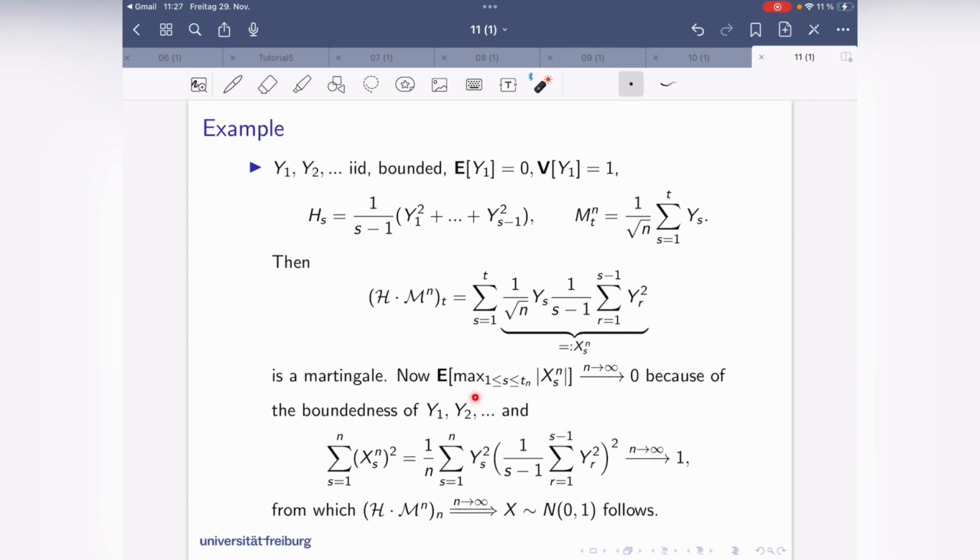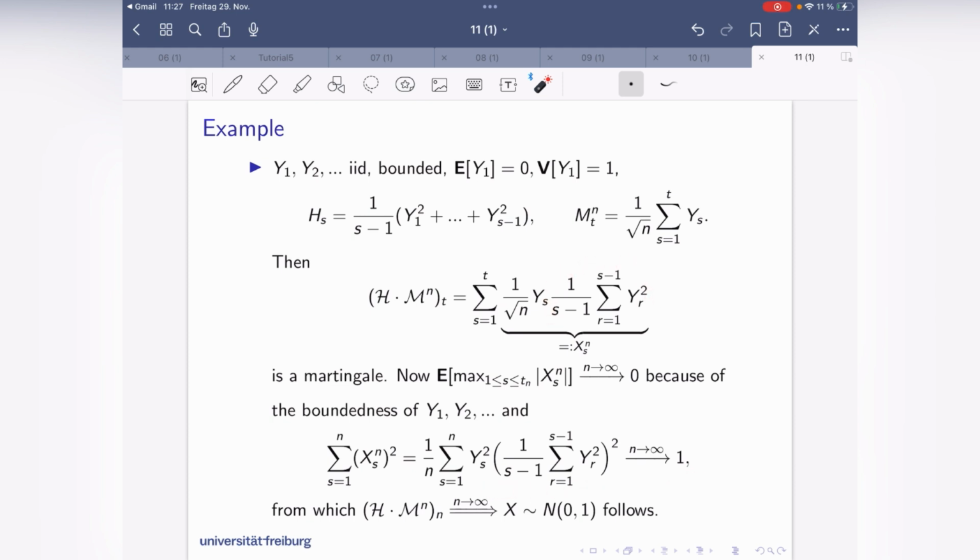So what's the expectation of the maximum? Well, the y's are bounded. The y's are bounded. And therefore here I have a bounded thing, and I can show that the expectation of the maximum goes to 0. And the x squares, well, now there is something nice. So the x squares, y is squared divided by n, and then this thing here squared.